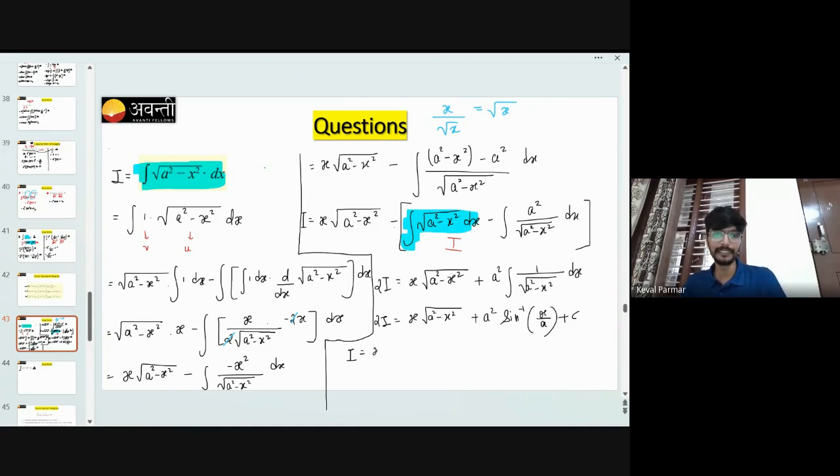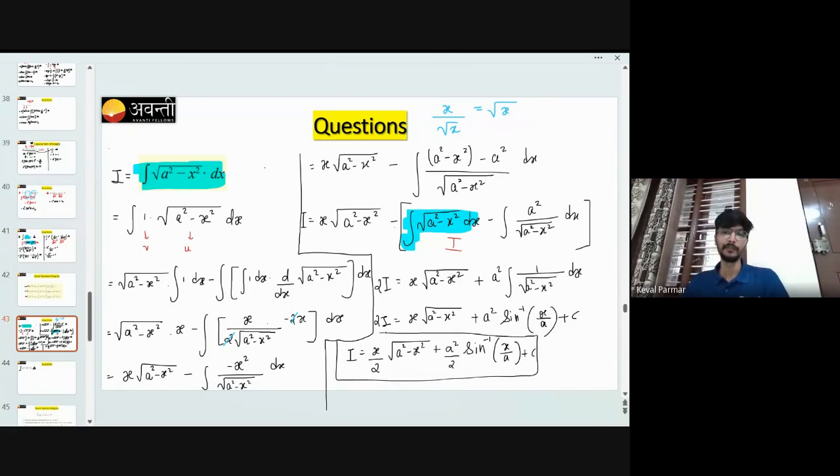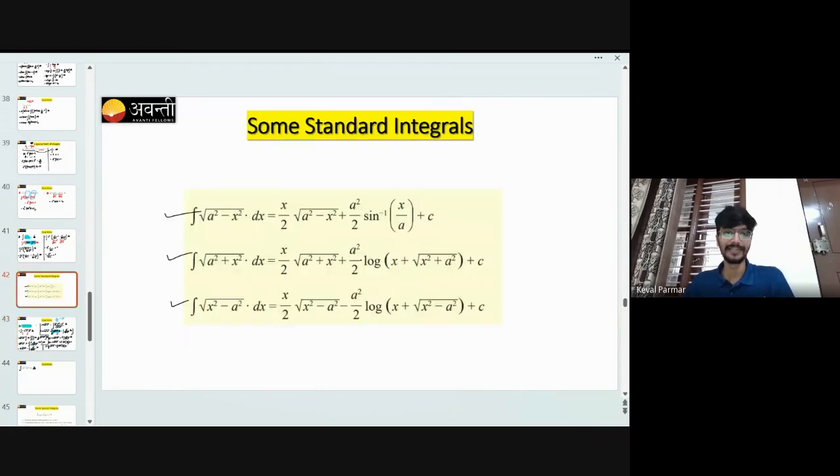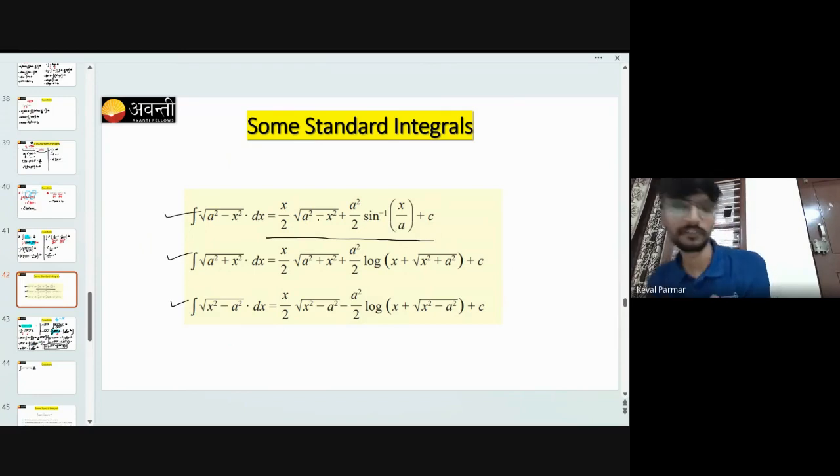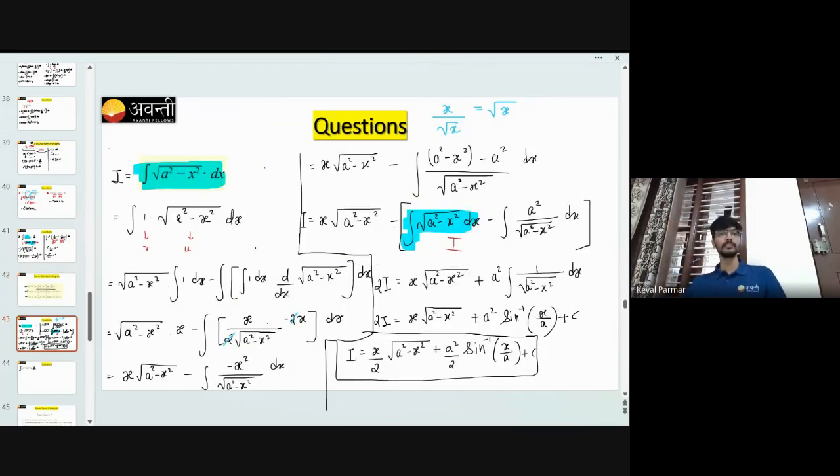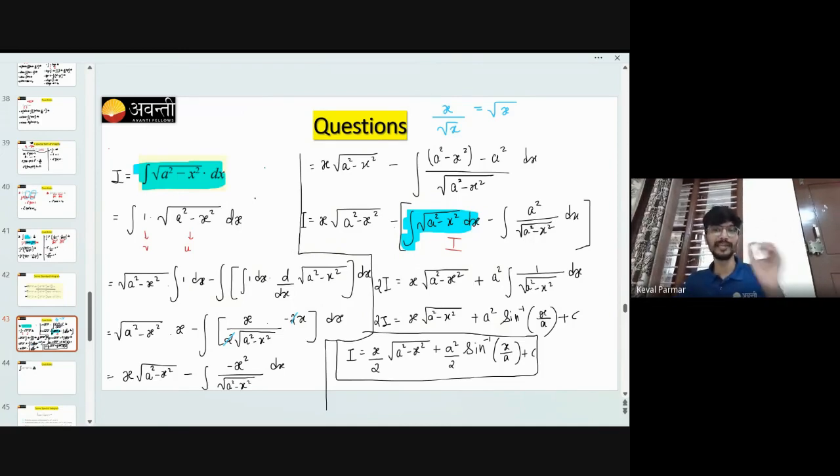So I will be x by 2 under root of a square minus x square plus a square by 2 into sine inverse of x by a plus c. This is my answer, and you can verify it. This was the same here: x by 2 under root of a square minus x square plus a square by 2 sine inverse of x by a plus c. So this proof comes for 4 marks in the board. So it is important to remember this.